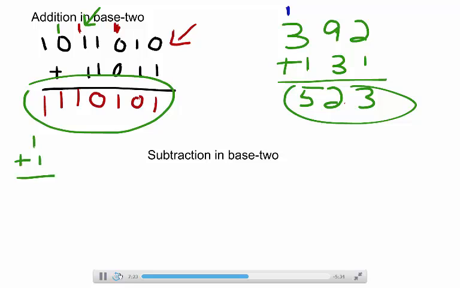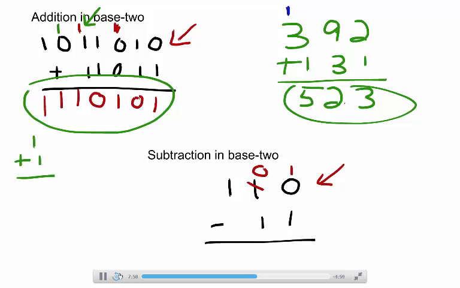If we wish to subtract two numbers in base 2, we employ a similar process. For example, suppose we have 110 minus 11. Beginning with the column furthest to the right, we have 0 minus 1, and it's going to be necessary for us to borrow a group of 2. So here, I borrow a group of 2.